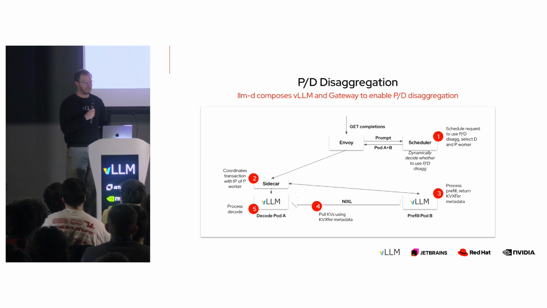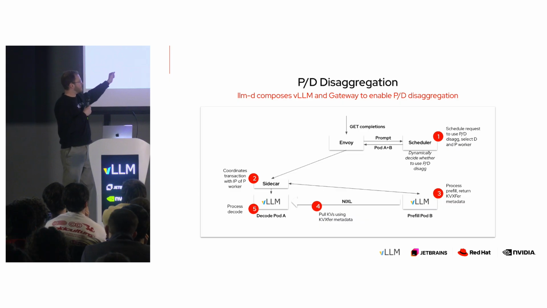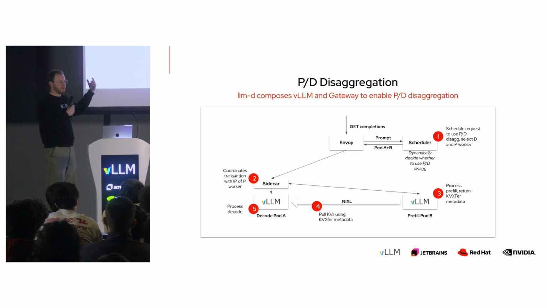Next, there's PD disaggregation. Hopefully you understood a bit of what I mentioned before about that. But ultimately, we have vLLM pods that are decode nodes, vLLM pods that are prefill nodes. You have your request coming in. It's deciding whether to use prefill, whether to do PD, or maybe it has a really high cache hit rate, and so it should just skip straight to the decode node and do a really small prefill on the decode, because it can skip most of the prefill.